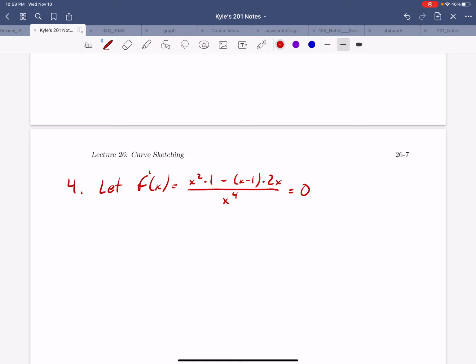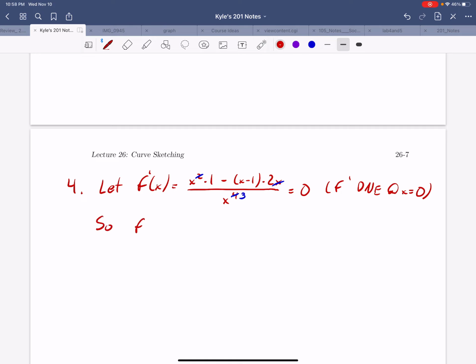We're going to let that equal 0. And again, note that f prime does not exist at x equals 0, since we're dividing by 0 there. Now, we can clean this up a little bit. Knock this off. Remember, if you're going to cancel out something on the bottom, you have to cancel it out from each term on the top, which we can do.